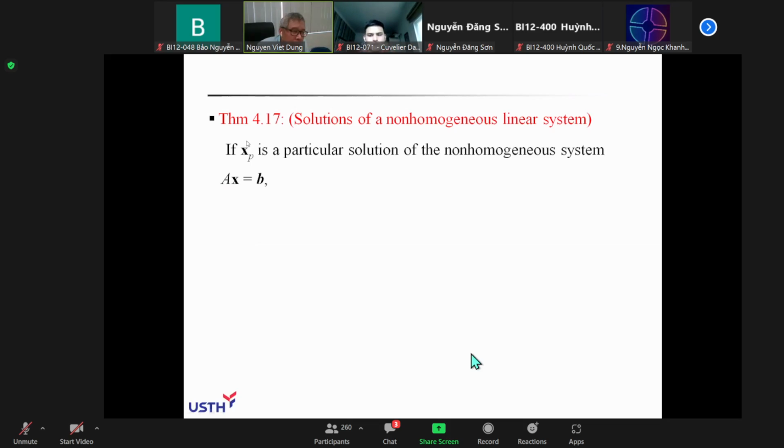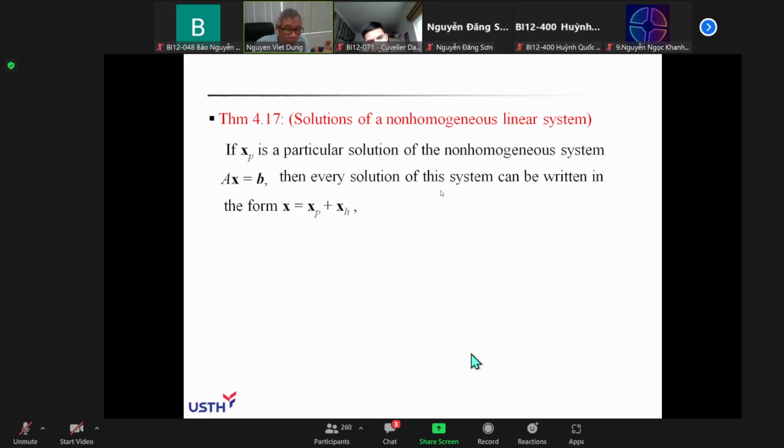Suppose that by some way you can guess xp to be a particular solution for the system here. Then any other solution of the system can be written in the form x equals xp plus xh. xp is here.